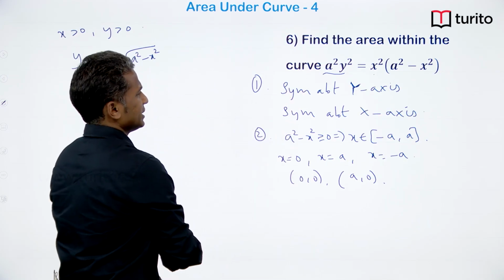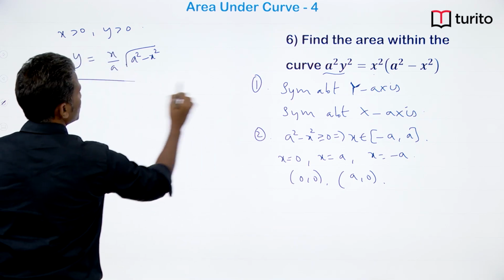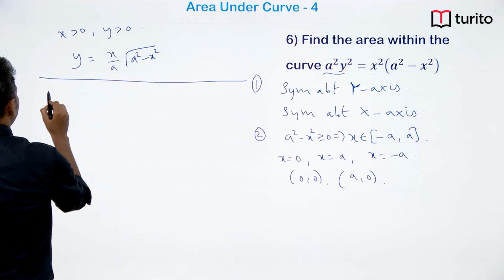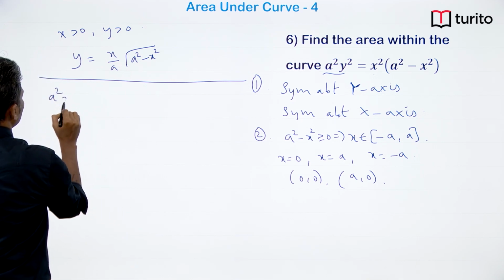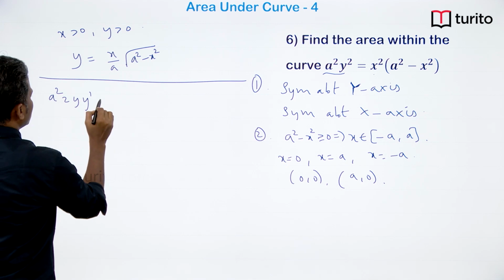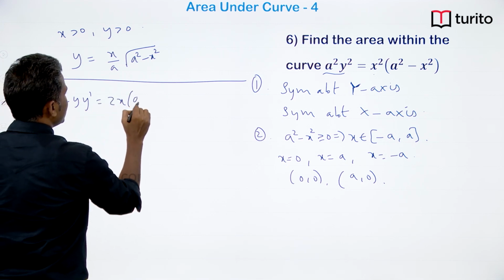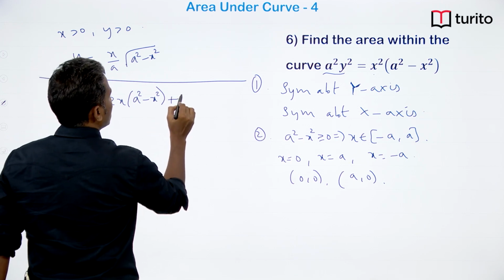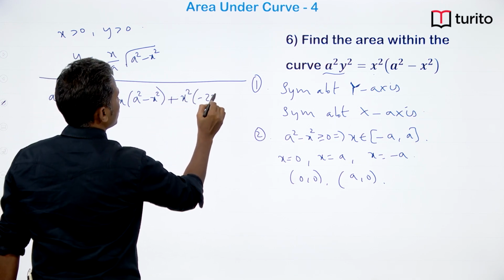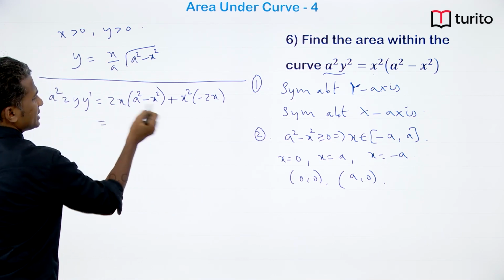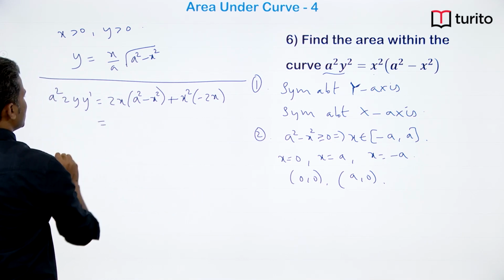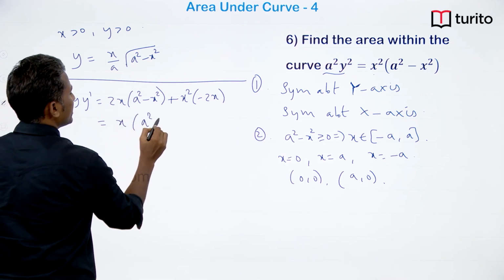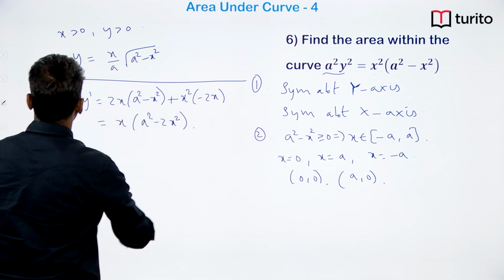If I differentiate this directly using the implicit differentiation technique, what will I get? I get a square into 2y dash is equal to 2x into a square minus x square plus x square into minus 2x. Now if I simplify this and cancel out the 2 also, I am going to get x into a square minus 2x square.